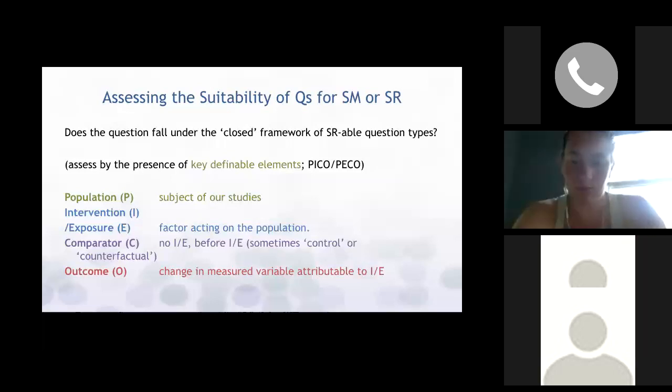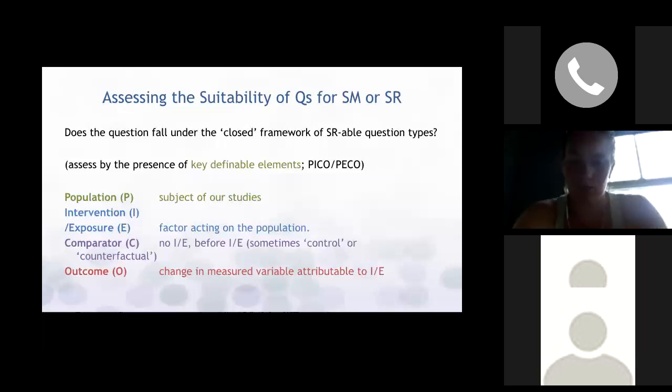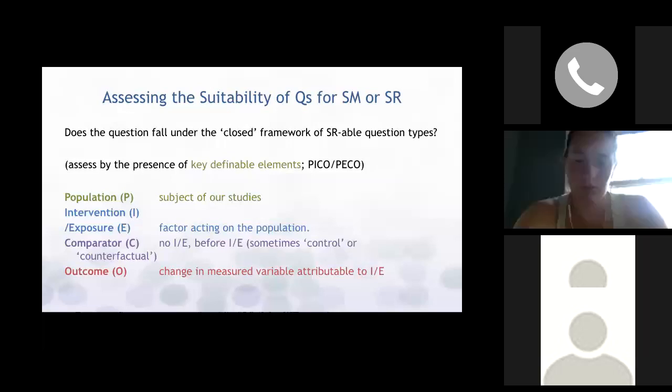Sometimes we call that the control or counterfactual type design. You can also look at comparisons over space, over time, over different social or demographic groups. You can look at comparisons between different types of systems. And this will just depend on the scope of your review.